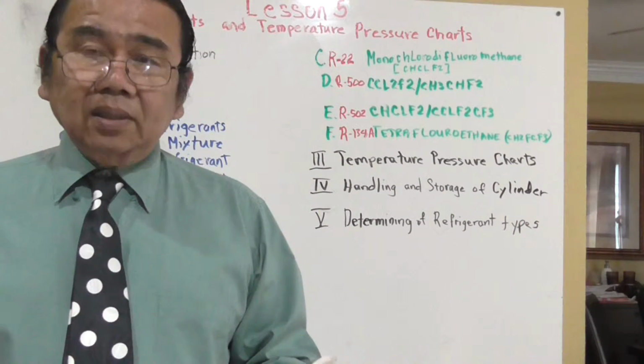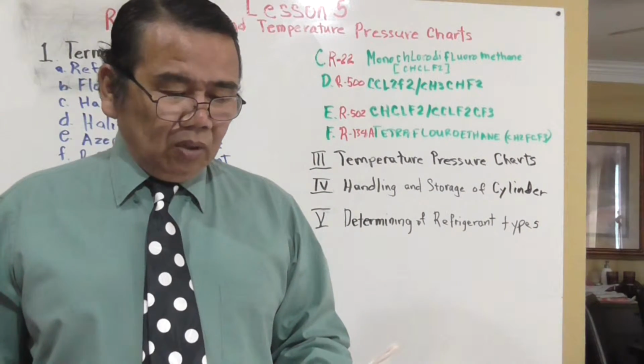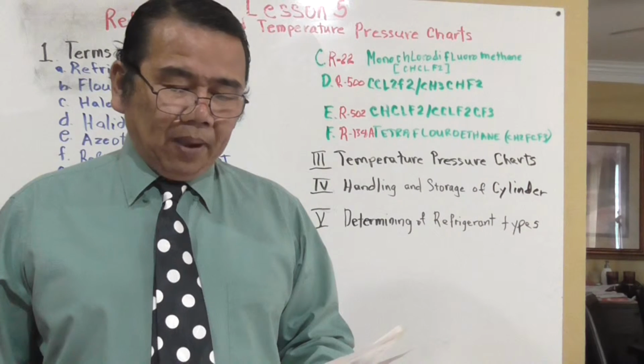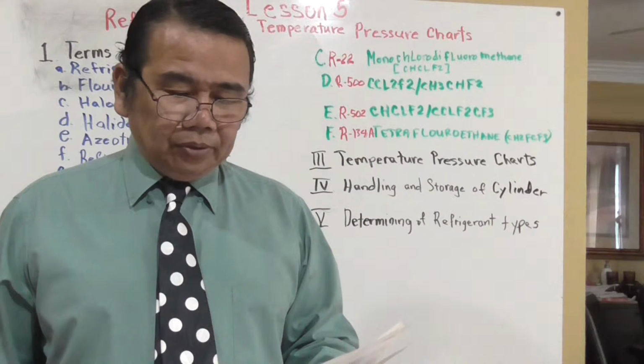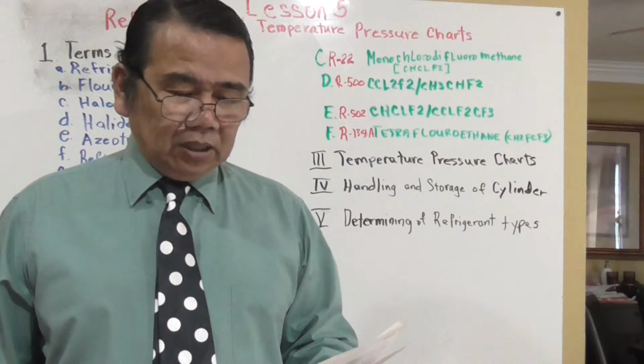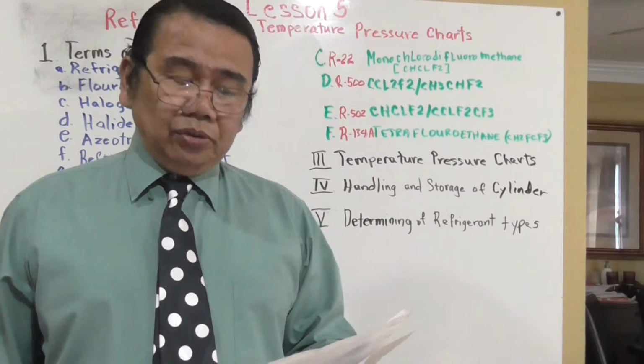Refrigeration capacity is comparable to R22, except at lower temperatures where capacity is greater. Boiling point at atmospheric pressure is minus 50 degrees Fahrenheit. Used in low temperature refrigeration units.